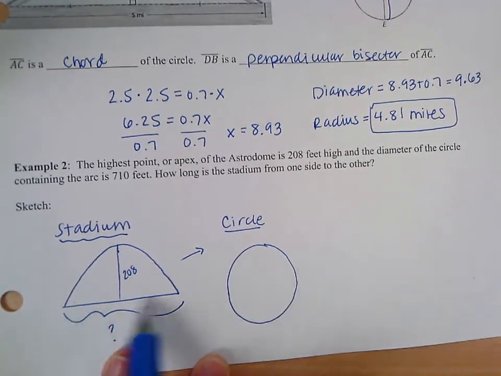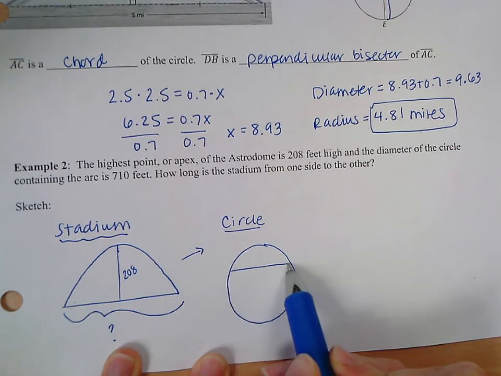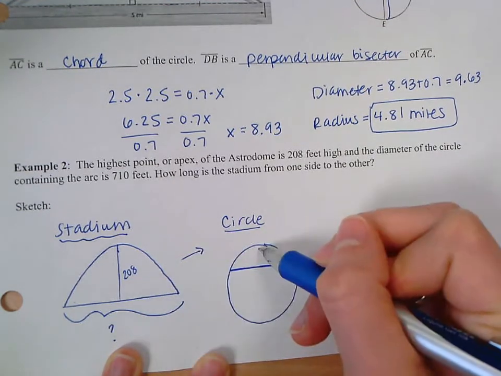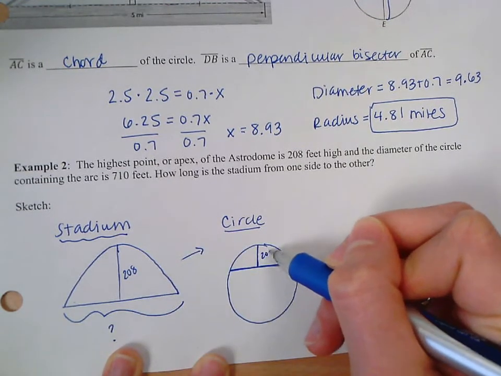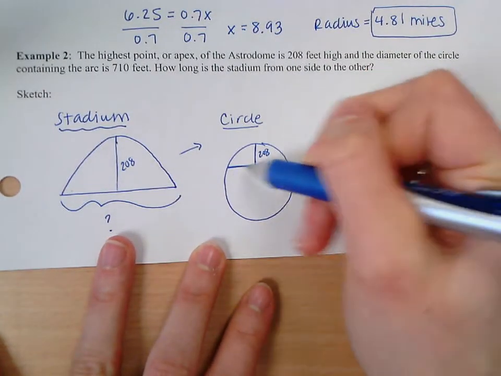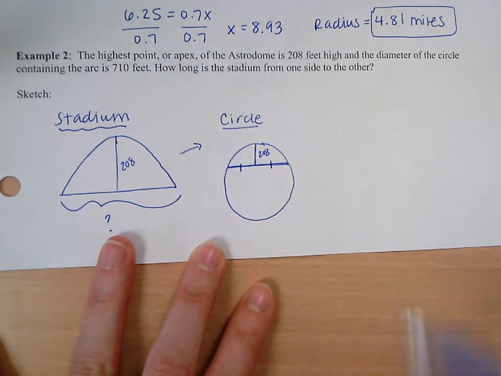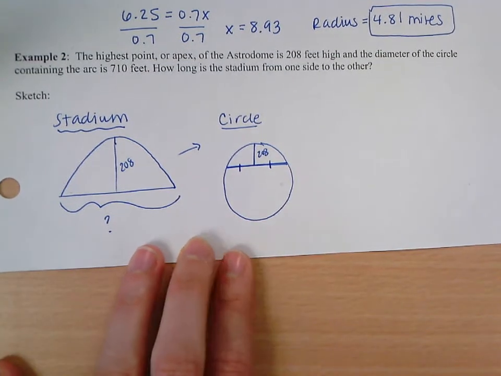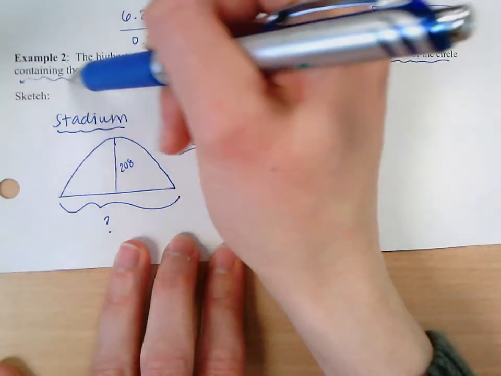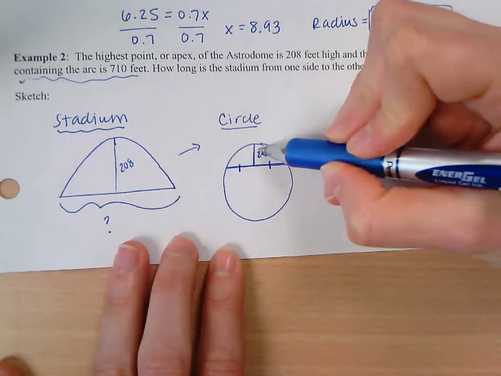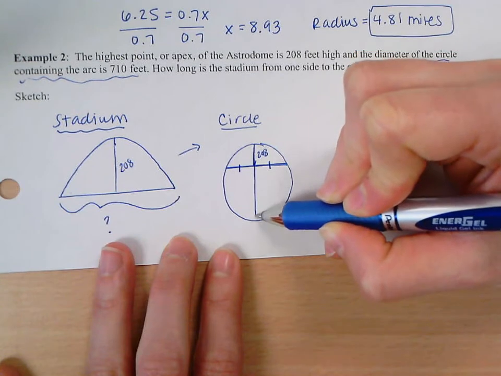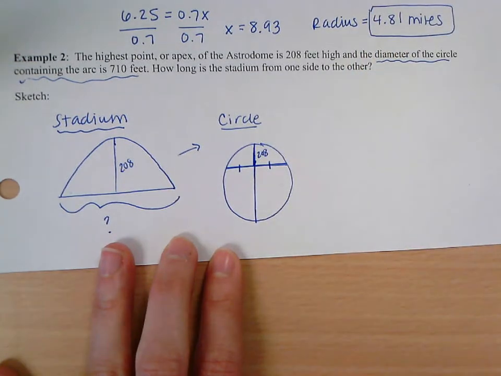My ground here is like a chord of the circle. So this is like my ground, that's what I'm looking for. And then my 208 is right here. So it is dividing that ground or that chord into two congruent parts. It's a perpendicular bisector. How we are using the information that we're given, the diameter of the circle is 710, is because this 208 is actually, if you extend this all the way to the other end of the circle, that is a diameter.